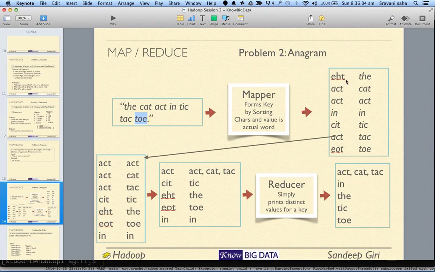All three of them have act as the key, right? Now, since the keys are being sorted and then grouped together, they have come together, you see. And reducer will do nothing in this case. It will just remove the other words. That's all. The reducer will not do anything at all. Does it make sense to you guys?